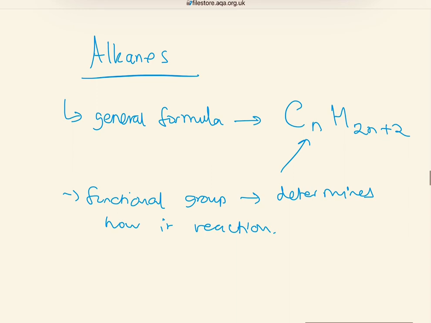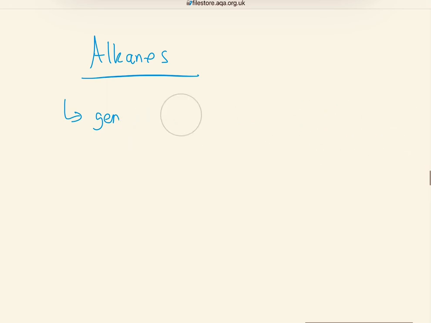The last word is very complicated. Homologous series. Look out, kids. Homologous series. It's a tough one. So, what is a homologous series?